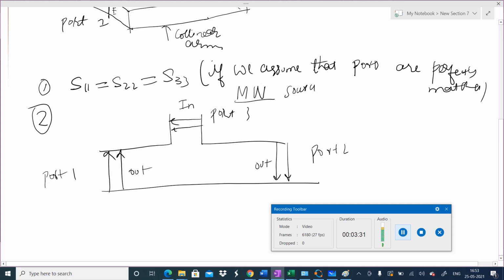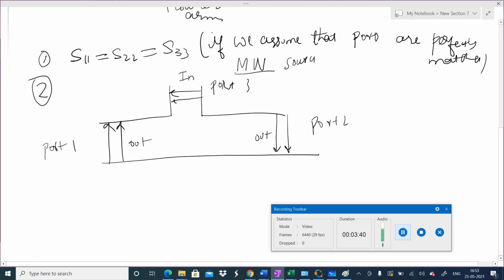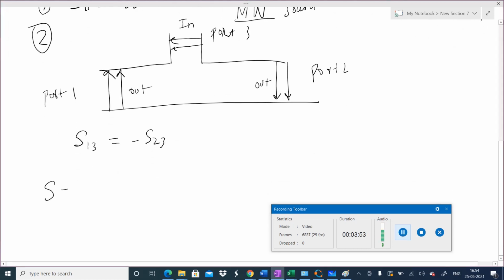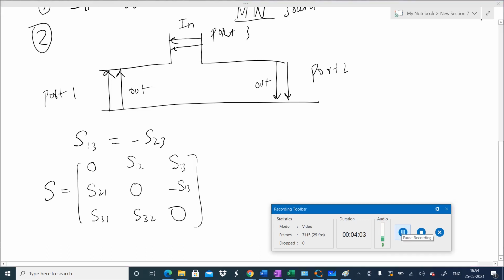Then the waves appearing at port 1 and port 2 will be in opposite phase and same magnitude by the very property of electromagnetic waves. And so hence I can easily write S13 is minus S23. Hence our S matrix gets simplified. We can write 0 here, 0 here and 0 here. We can write like this.